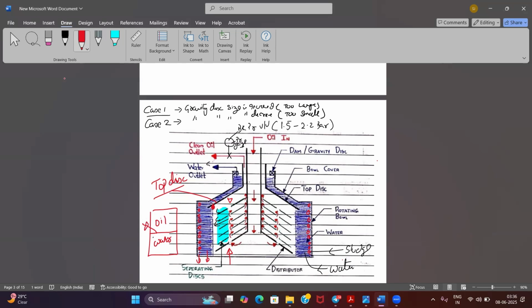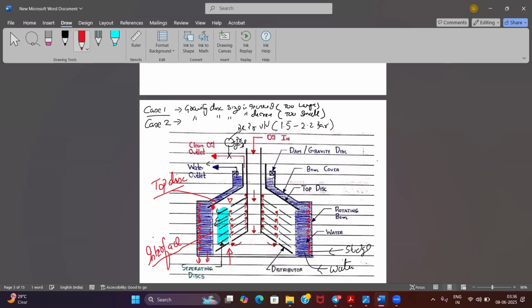So in this purifier, we want this interface to form ideally. This is my interface.